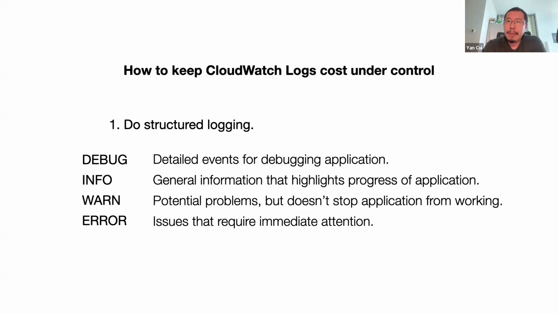If it's an error but we can handle it and move on, then it could be a warning. But if it's something like an HTTP request to a third-party service that responded with, say, a 500, and we can't proceed without that, then we have to throw an error and also record that error information.